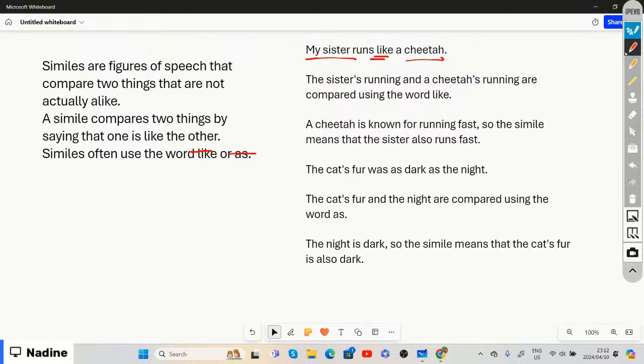We know that a cheetah runs very fast. And if we are comparing how the sister runs to a cheetah, then it means that the sister runs very fast.